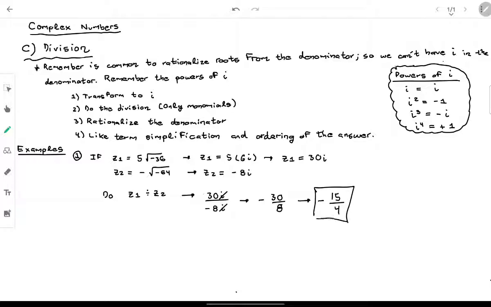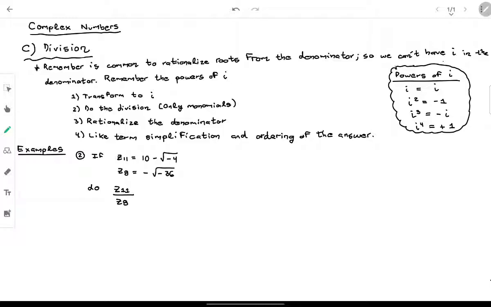So in this specific example, example number 1, we don't need to rationalize it. Why? Because i divided by i, they can disappear, and we will have only real numbers. But let's see other examples when we have i on the denominator part, and we need to rationalize that denominator.